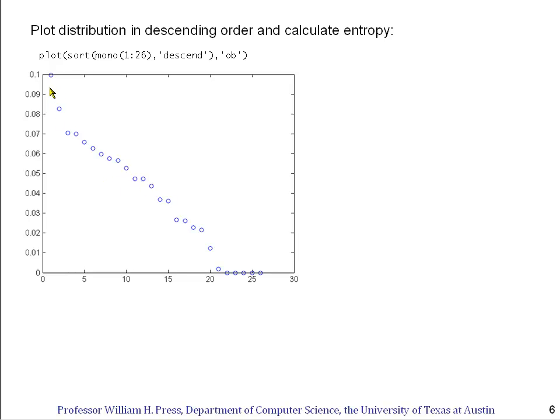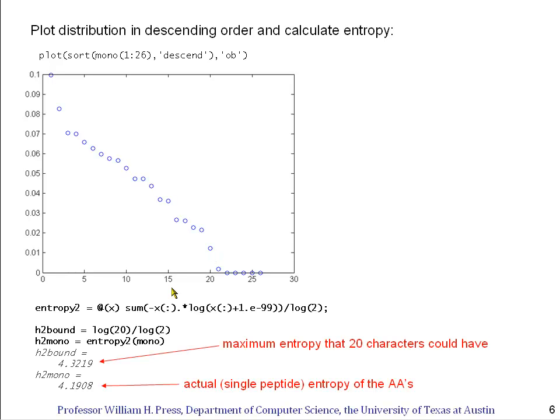It's a little clearer if we give up knowing which is which and just plot those probabilities in descending order. Tryptophan, the least occurring one, is now here at number 20, because there are 20 amino acids. And we can now compute the entropy of this distribution. Here I am in MATLAB, and I'm defining a little anonymous function that is basically the sum of any array of x's of minus x times log of x.